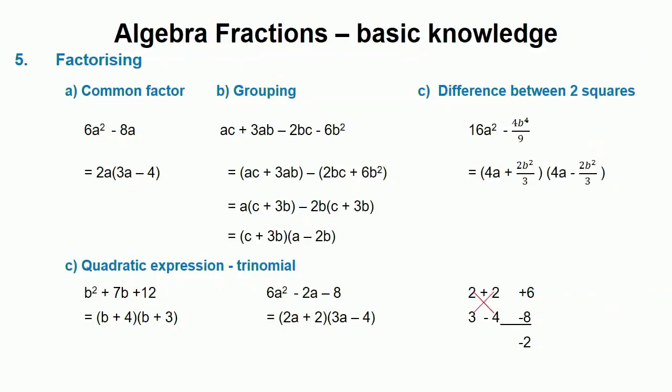But when there's a coefficient in front of the square, I have to use another method. 6a squared minus 2a minus 8. Now that 6 and the 8, I need to write down the factors of the 6. There I've got it vertically, 2 times 3 is 6.